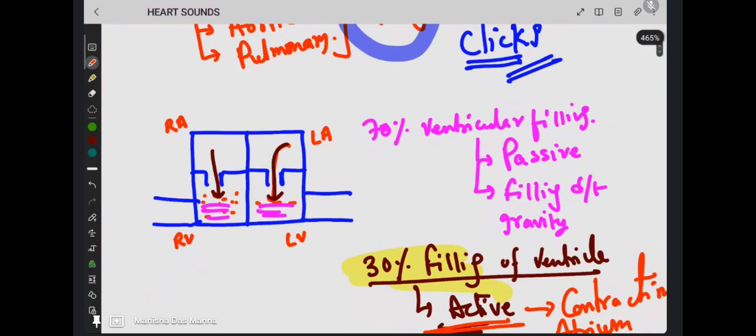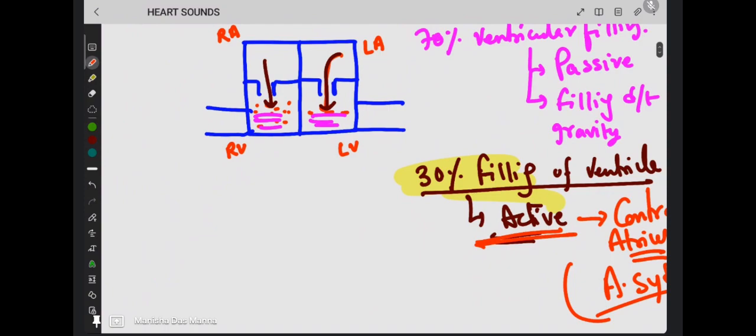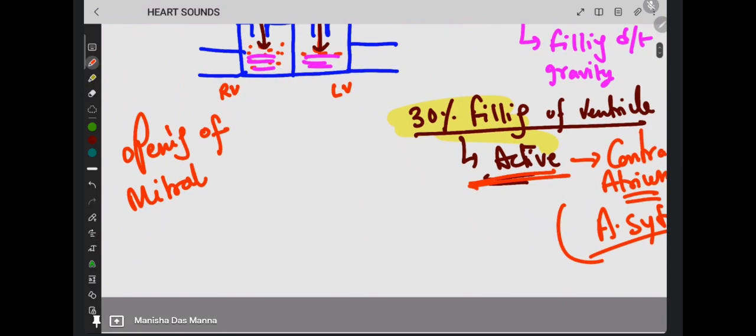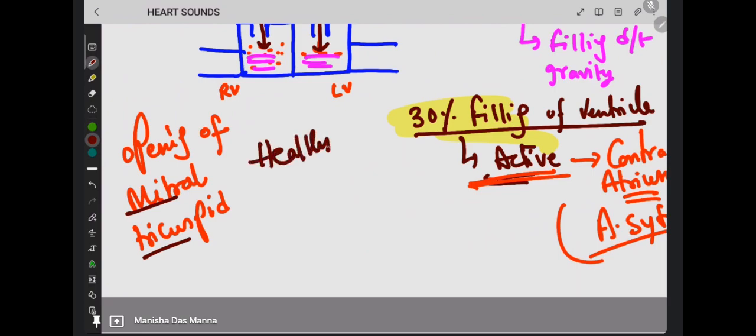So during this process, the opening of the mitral and tricuspid valves is important. And once again, in healthy individuals, the opening of these two valves does not produce any sounds.